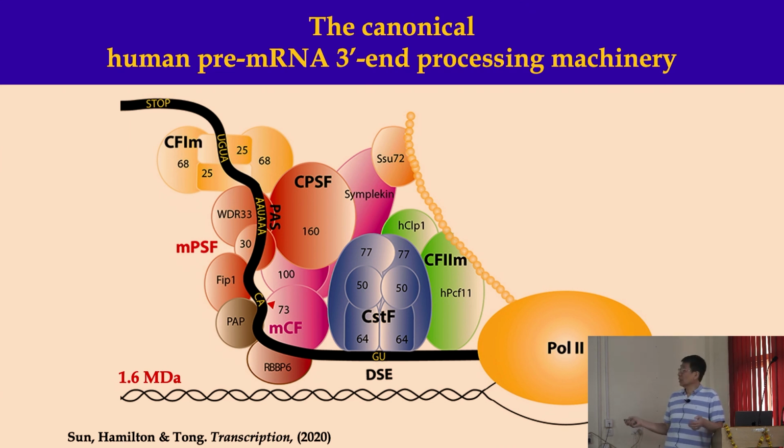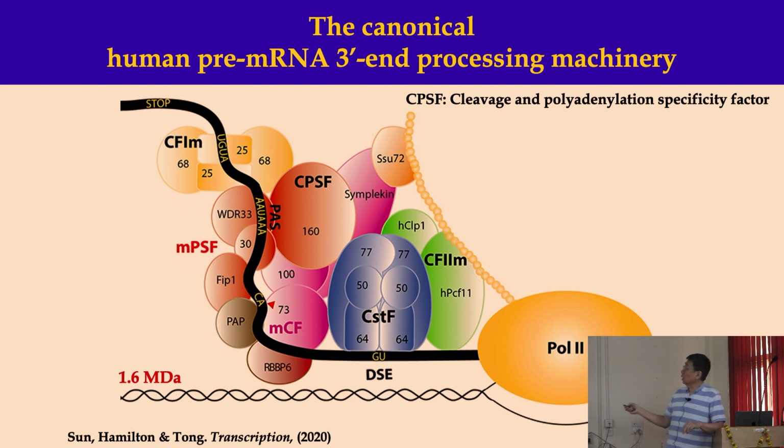Most of these factors were discovered using classical biochemistry over the last 20 years or so, purified from thymus, all that stuff. Really classical biochemistry. Based on that, they realized that all of these 20 or so protein factors form subcomplexes, and that's what these various factors are called.